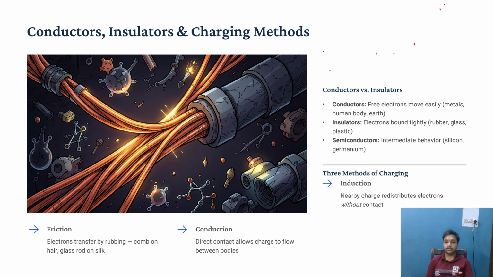Now induction. In induction, a nearby charge redistributes electrons without contact. We'll discuss charging by induction in detail, but first of all, it is important for us to know the concept of charge induction in metal bodies. To understand it, first we need to understand the behavior of free electrons in a metal body.